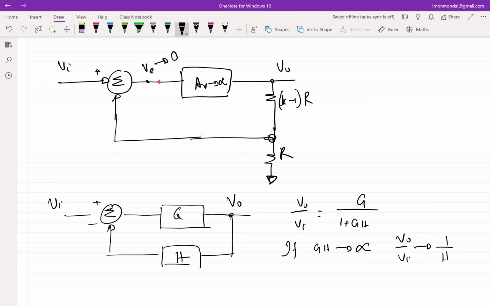But what is the problem if I say GH tends to infinity? Does this expression hold if GH tends to infinity? Yeah, that's why I have said tending, right? Because you'll have to give one answer, but it never goes to the exact value. It always tends. That's what the limit is, right?